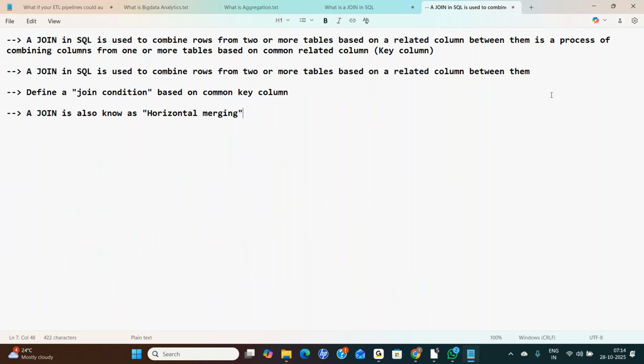A join is also known as horizontal merging. In a similar way, vertical merging is there, and on that topic we will also discuss what merging is.